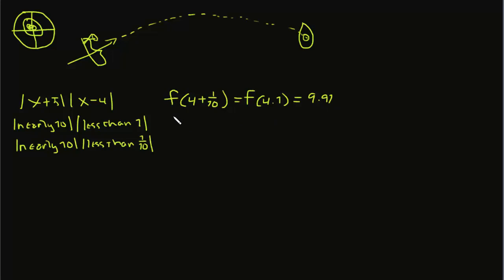And if we allow this controlled difference in the delta input in the negative delta direction, then we get f at 4 minus something less than 1/10, which let's say would be f at 3.9, which would give us an output equal to 8.11.